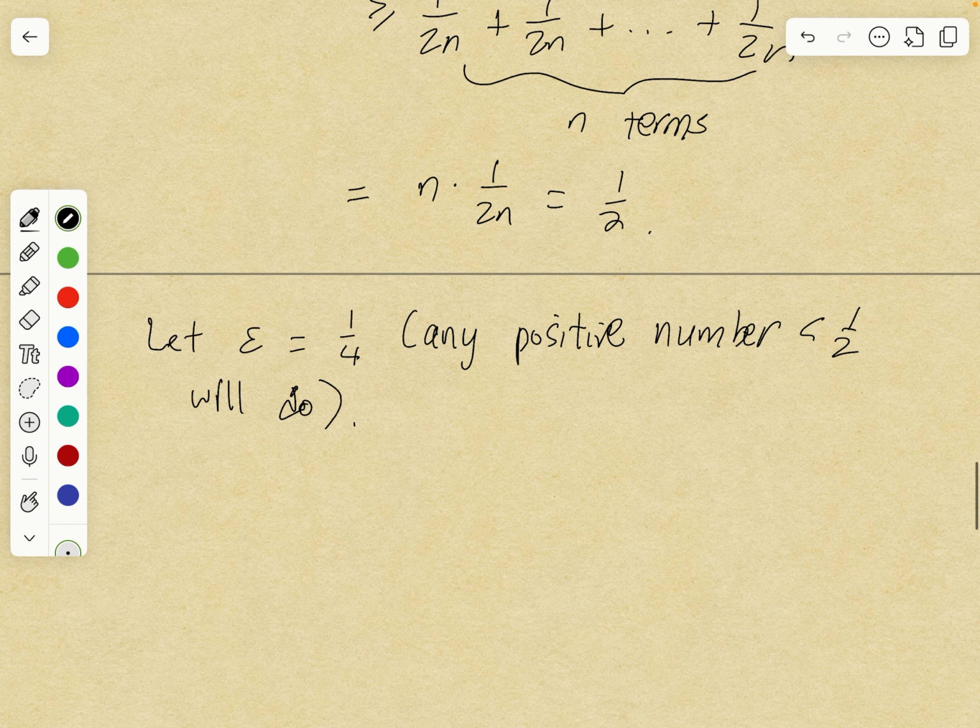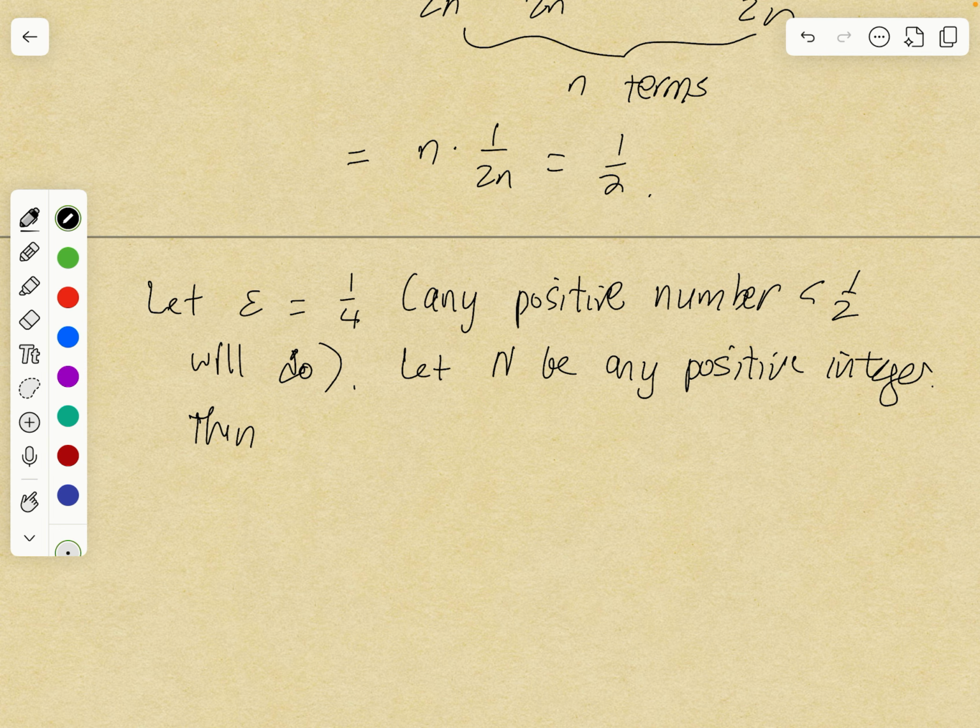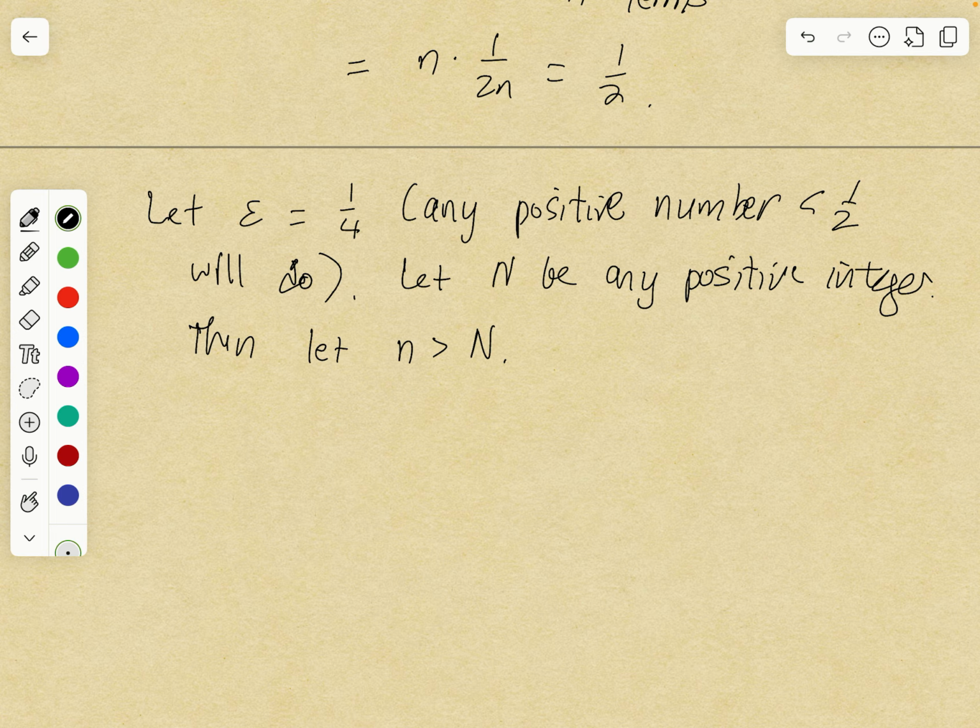So let capital N be any positive integer. In the definition I gave of Cauchy, your little m and little n have to be greater than capital N. So let little n be any integer greater than capital N, say capital N plus 1, and take little m to be 2n.